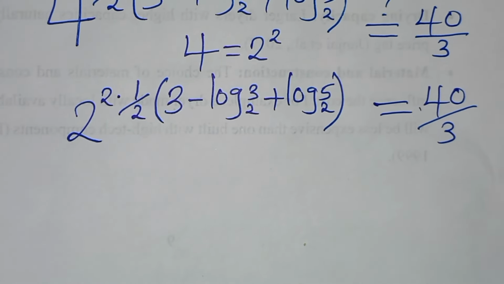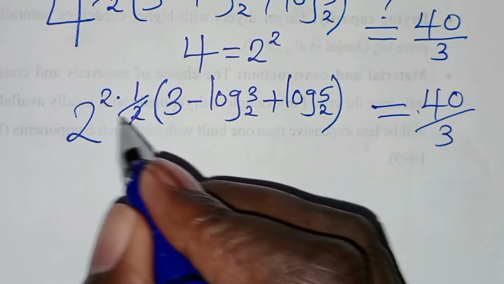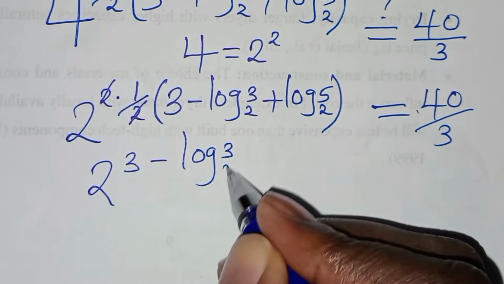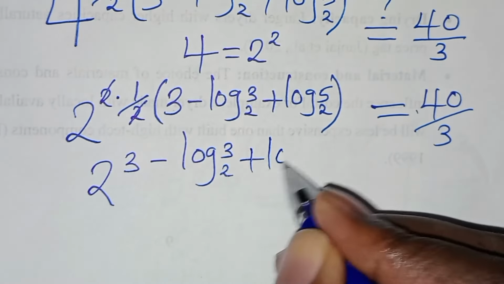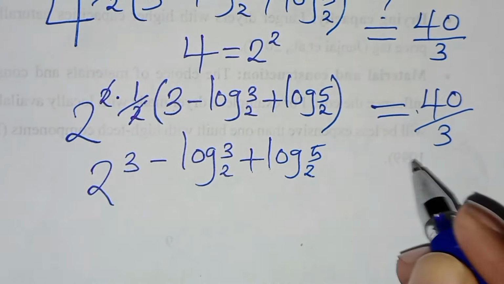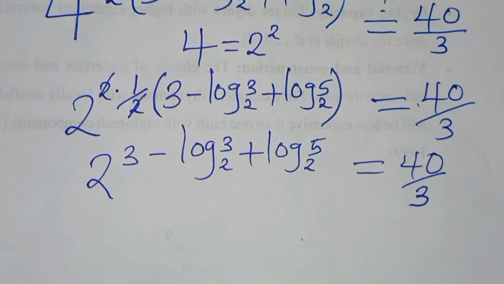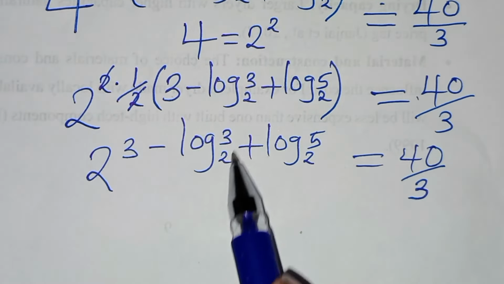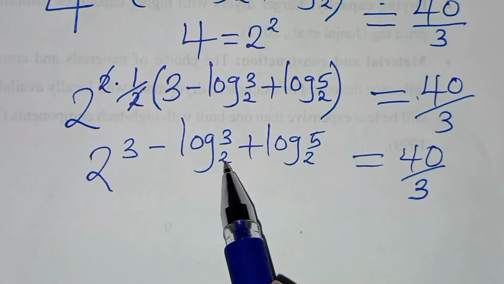So the next step here is to simplify by 2 so that we have 2 to power 3 subtract log 3 to base 2, then plus log 5 to base 2. This is supposed to give us a value of 40 over 3. Now 2 to power 3 minus log 3 to base 2 plus log 5 to base 2.